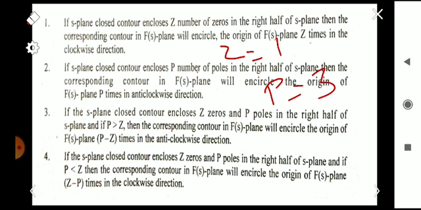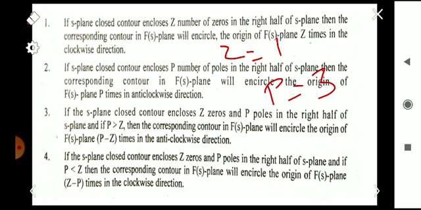Because here the number of poles is higher, the corresponding term, that is anti-clockwise, will dominate here. So in the anti-clockwise direction we will have the encirclement.